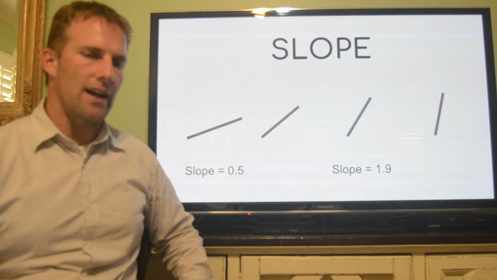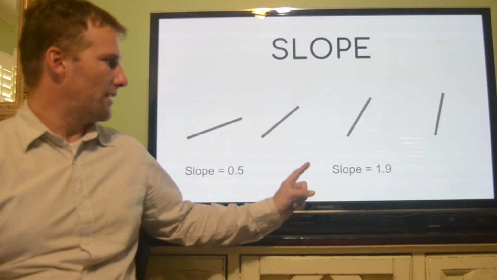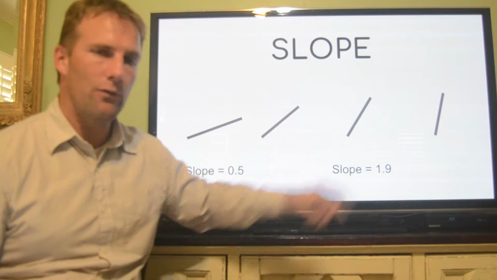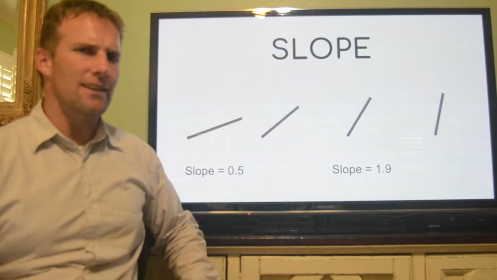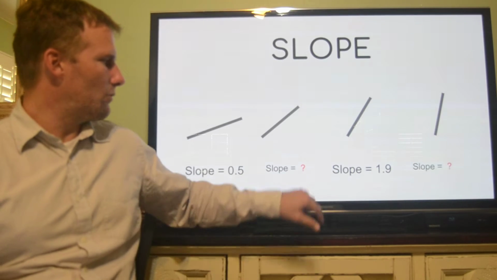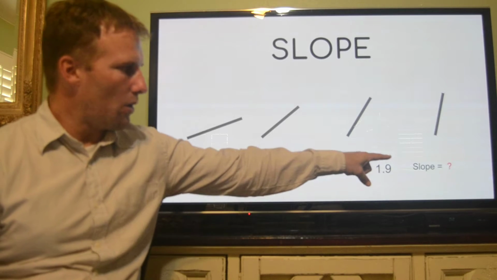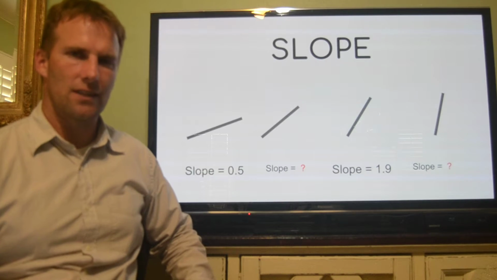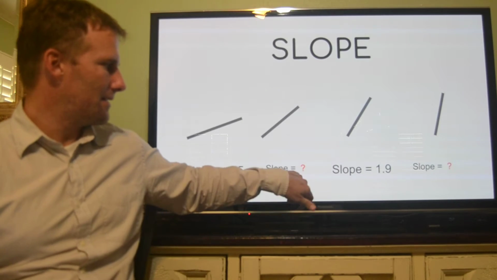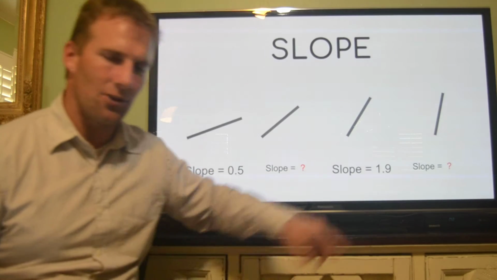With those as your guide, I'm going to ask you to calculate or estimate the slopes of the second and the fourth lines. And again, just an estimation, but I want you to tell me approximately what would the slope of this line be and what would the slope of that line be. So you'll need to get two numbers. I'll give you about 15 seconds to estimate this slope and this slope.